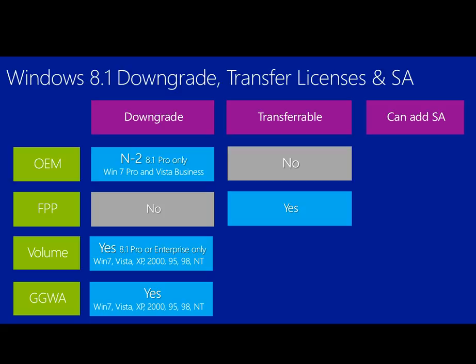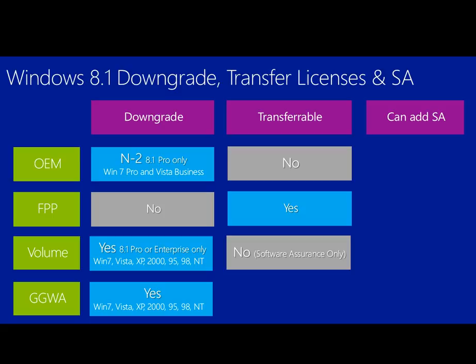Volume. Here's the confusion. This is the reason why I keep repeating what I said earlier. This is only for Windows 8.1, because with Windows 8.1, the volume license is not transferable. The only thing you can transfer with volume is the software assurance. So you cannot transfer the license, but you can transfer the software assurance to a different device.